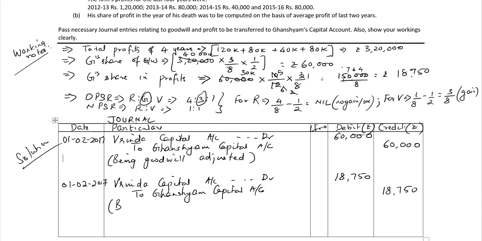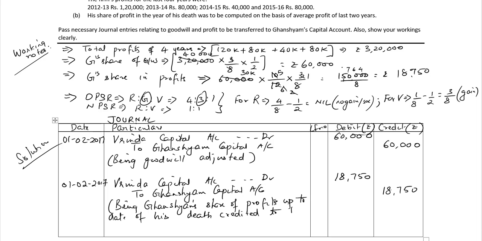Being Ghanshyam's share of profits up to the date of his death credited to his capital account.